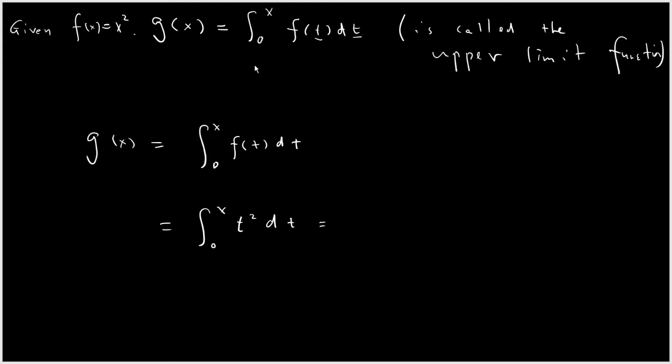My point is to show you the meaning of g of x, the upper limit function. You get a particular antiderivative of the integrand, which is t cubed over 3, and then you evaluate the antiderivative from t equals 0 to t equals x. Actually, you have x cubed over 3.